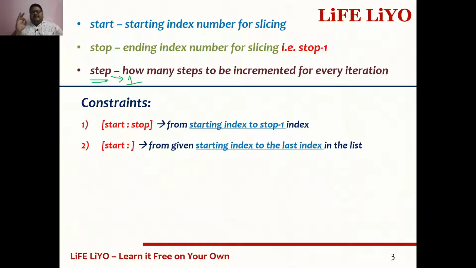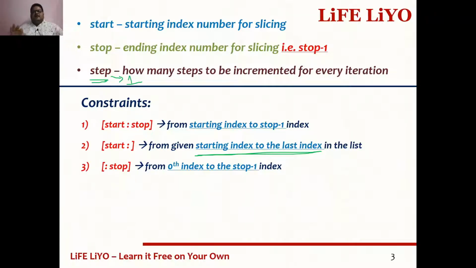If you define only start, the slicing will start from the starting index and it will last up to the ending index. If you define only stop, by default it is going to consider from the starting index, that is the 0th index, and it will slice up to stop minus 1.